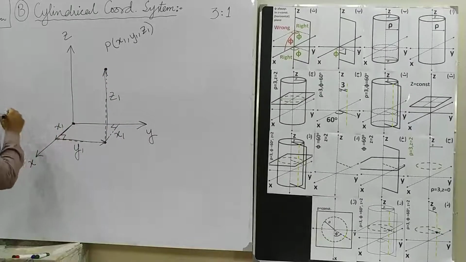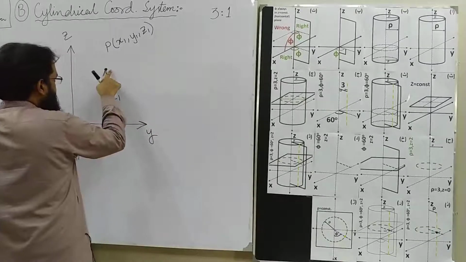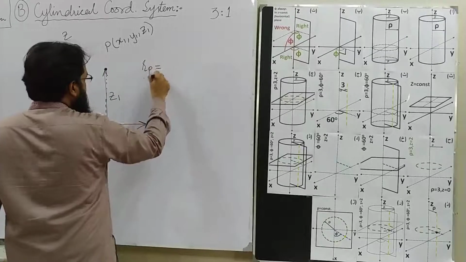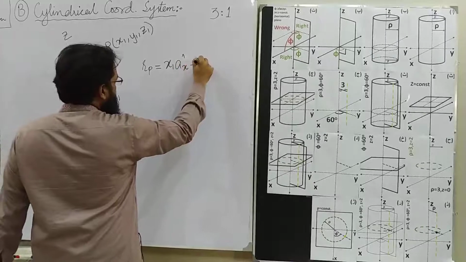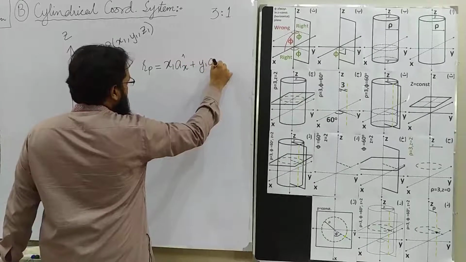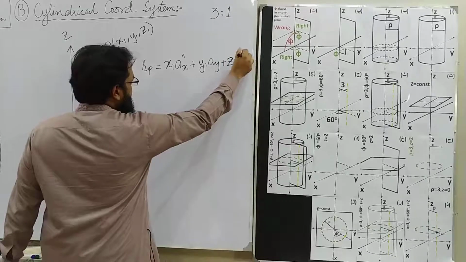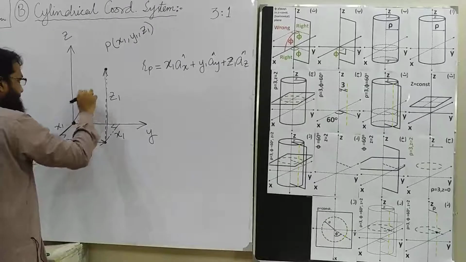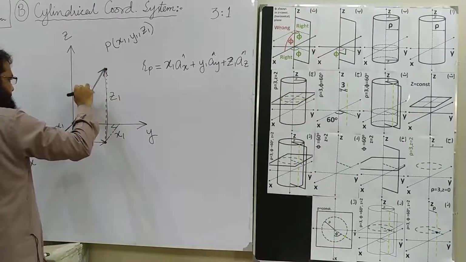We write this because it is starting from the origin and terminating at an arbitrary point P. We say that this is x1 ax plus y1 ay plus z1 az. This is nothing but a position vector. So if I draw a position vector from the origin to point P, this is RP.